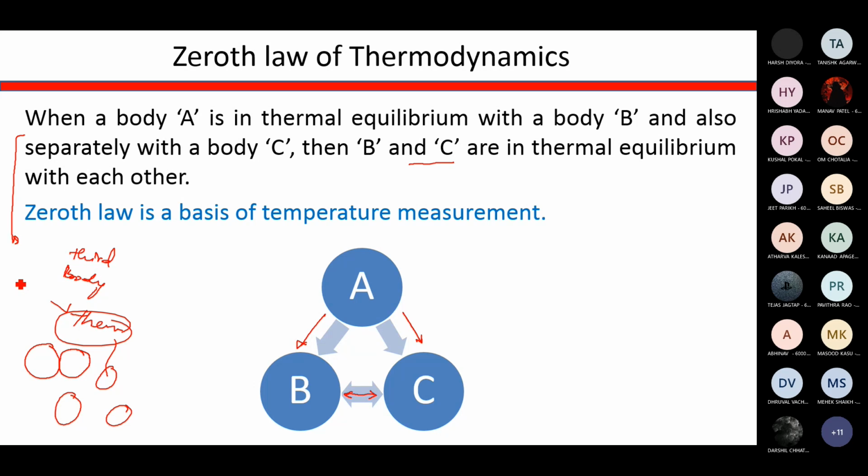So your skin is in contact with the tissues, and it is also in contact with the thermometer. So what the thermometer reads is basically the temperature of the tissues and in turn the temperature of the skin itself. So that's why the basis for temperature measurement by a thermometer is the zeroth law of thermodynamics. Clear? Yes, sir.